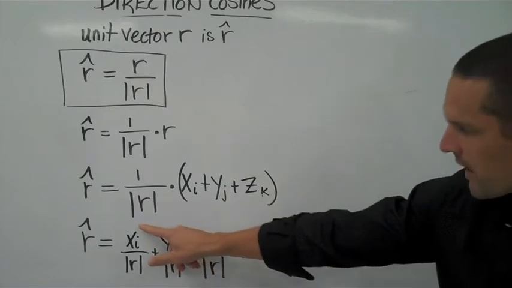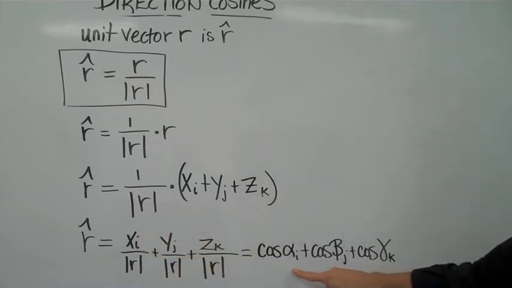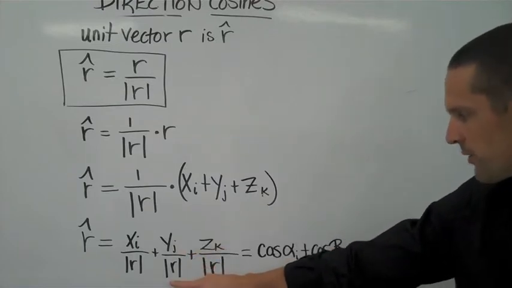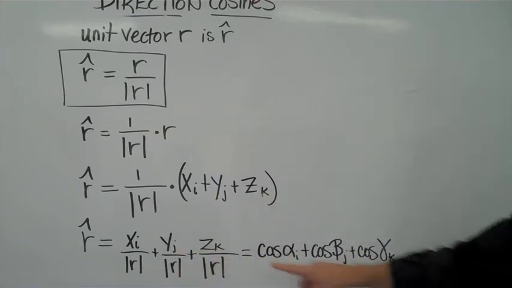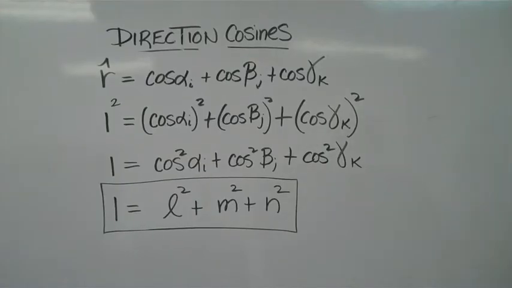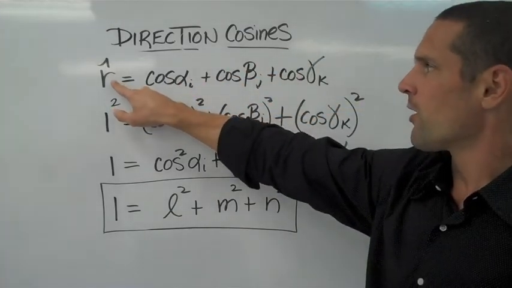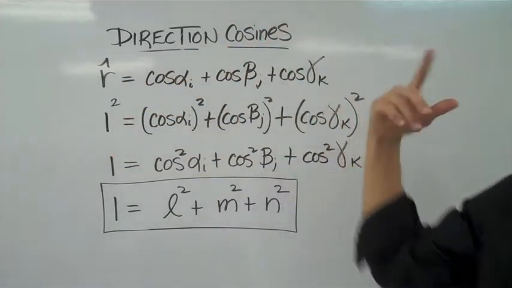Well, what was x over the magnitude of r? It was cosine of alpha. What was y over the magnitude of r? It's cosine beta. What's z over the magnitude of r? It's simply cosine gamma. Please just stick with me. This is a long process to get at our final formula. Well, if you're with me this far and you can accept this, then you realize that r hat is my hypotenuse.